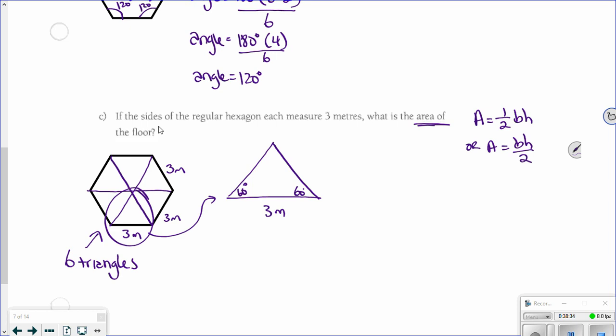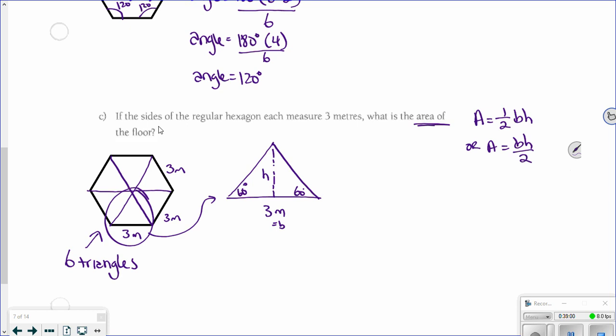This is going to tell me a couple different things. I need to find the base and the height of my triangle in order to use my area formula. So I know my base, but I need the height of this triangle. I don't have a way of finding it if I think of it as a big triangle.